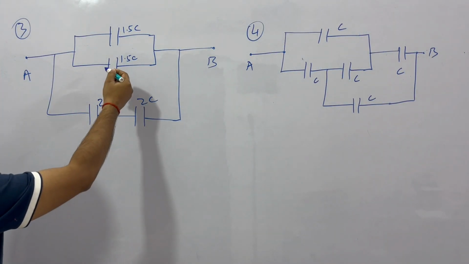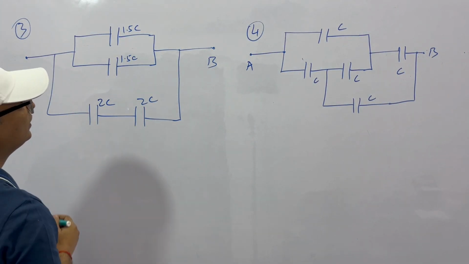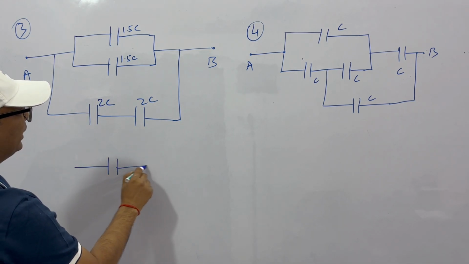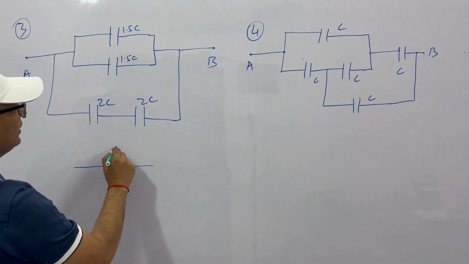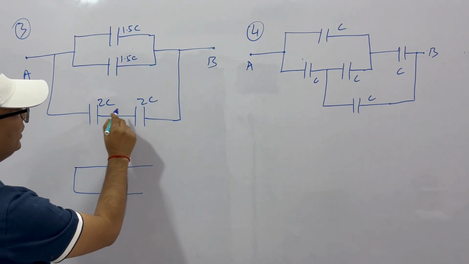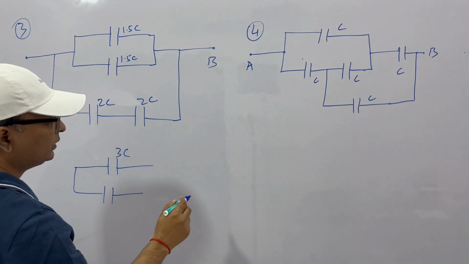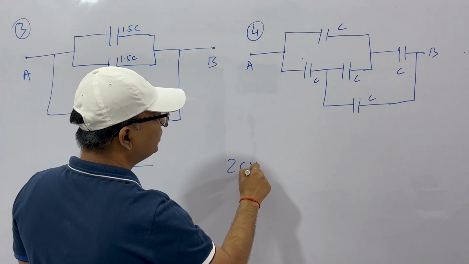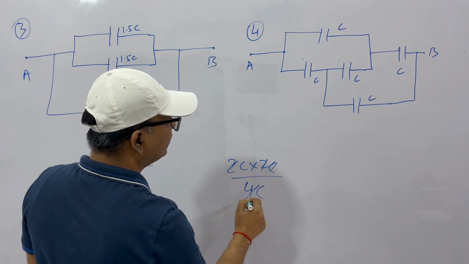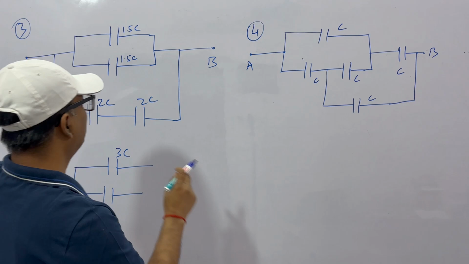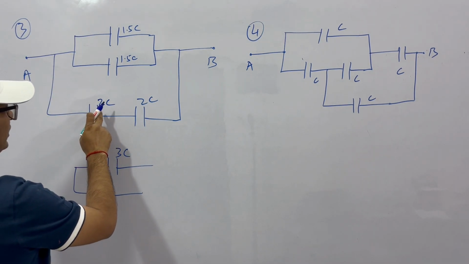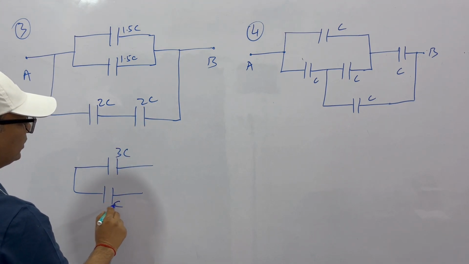Third one, see, these two are in parallel. Therefore, we can replace it by an equivalent capacitance, that is this plus this, that is 3C. Now in the lower half we have 2C and 2C in series. So 2C into 2C by 2C plus 2C, 4C, that is, you get only C. Remember, when you have same capacitors in series, the equivalent capacitance will be half of it, that is, equivalent will be this only.